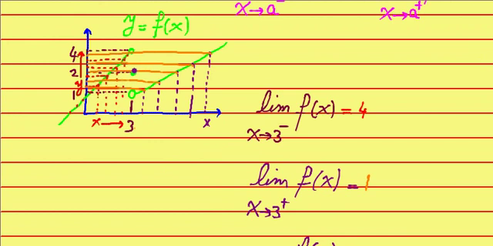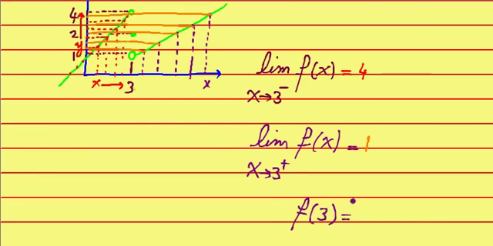A filled in circle indicates something that is part of the picture. So at 3 I go up and see where I hit the graph. I hit the graph right here, and that value is just 2. So the value of the function at 3 itself is just 2.